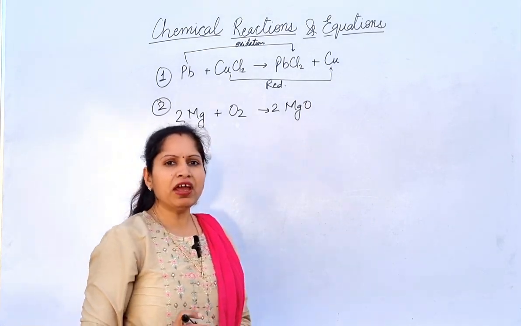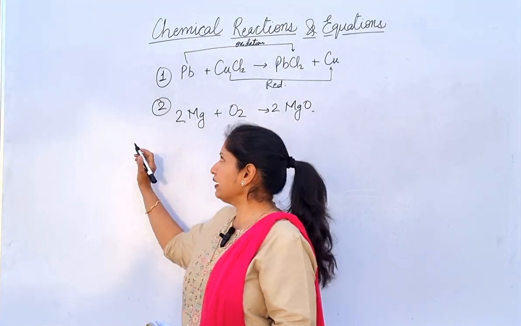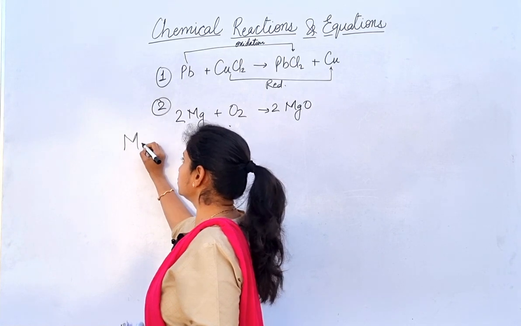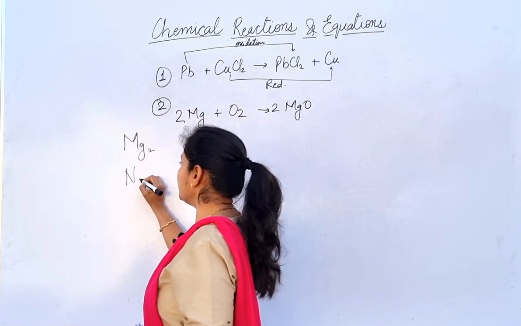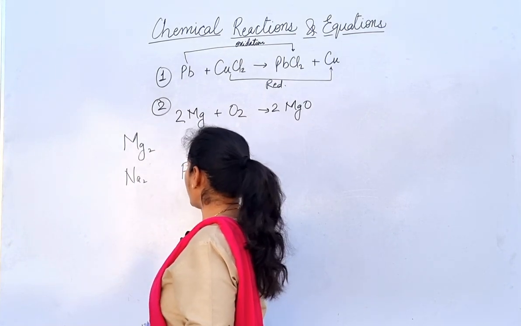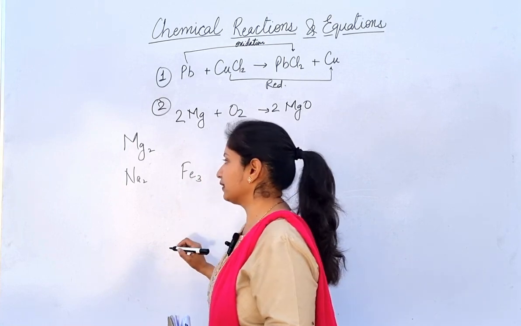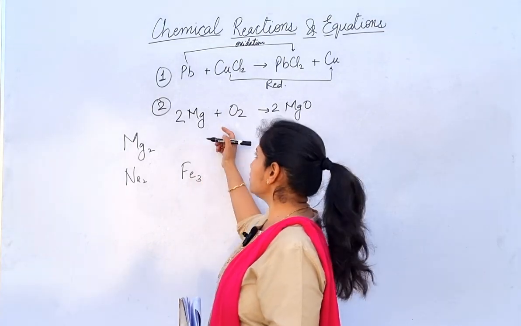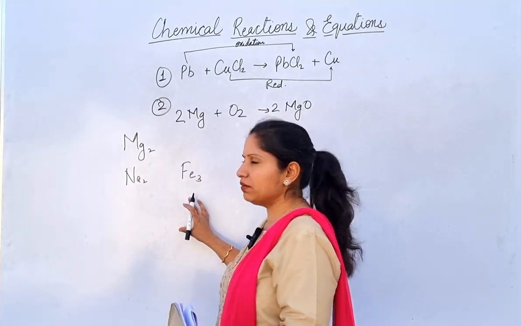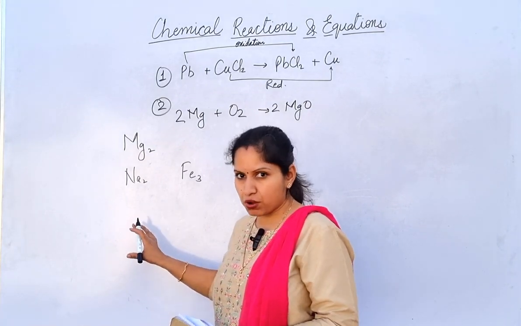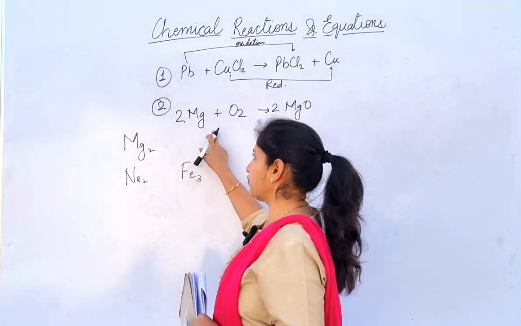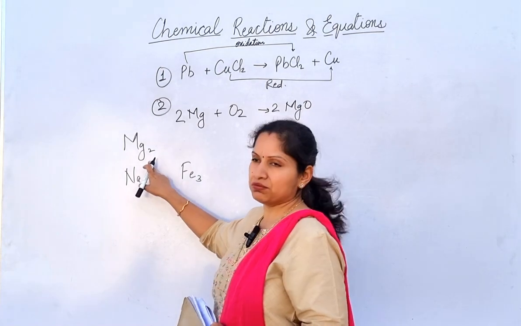Okay, whenever we have metals, कभी भी Mg2 या सोडियम 2 या आयरन 3 ऐसे नहीं लिखते, है ना? When we are not combining their elements, when we are not forming their compounds, in their pure state when we are writing, we write 2Mg, not Mg2.